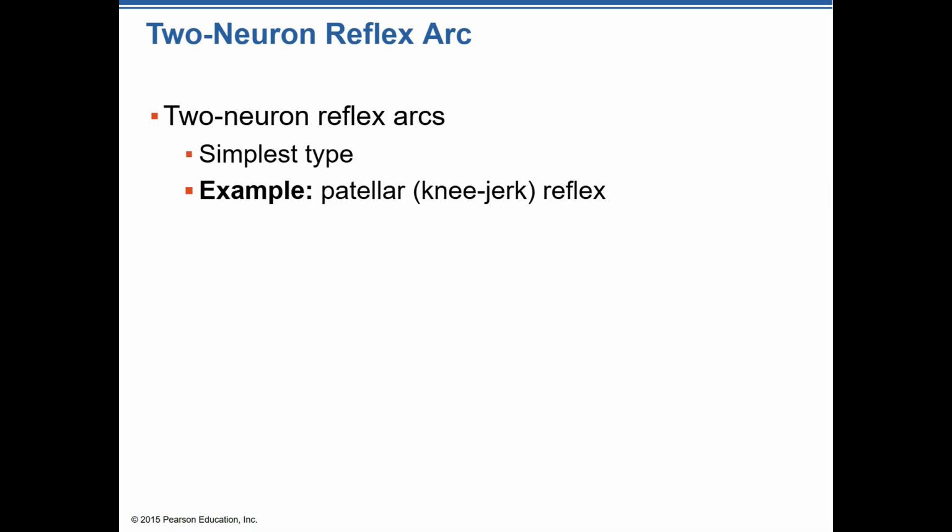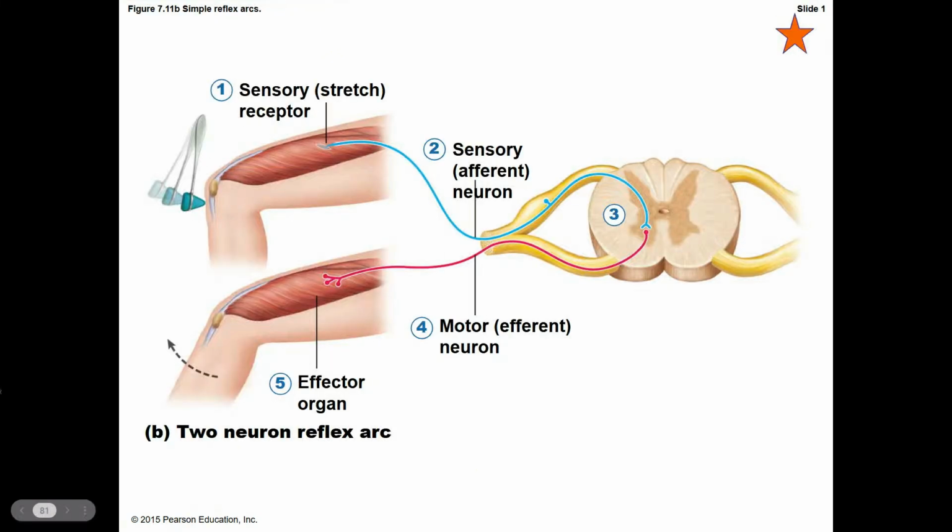And we're going to look at the patellar reflex or the knee jerk reflex. That's the one where the doctor hits your knee with a little hammer, and the stretch receptor is going to pick up that signal that it's been stretched a little bit involuntarily.